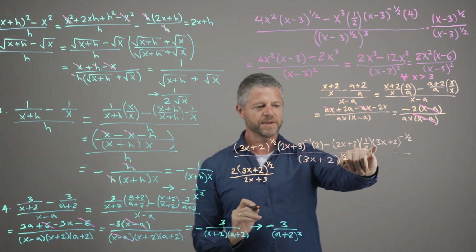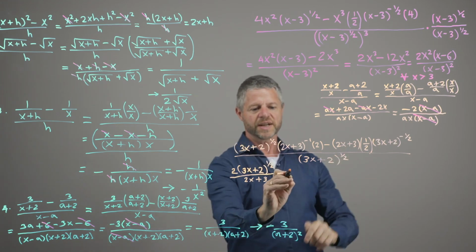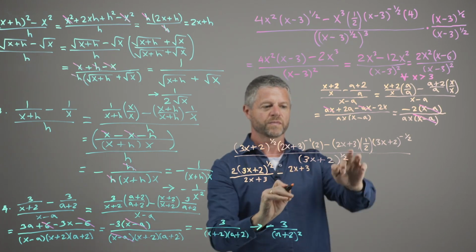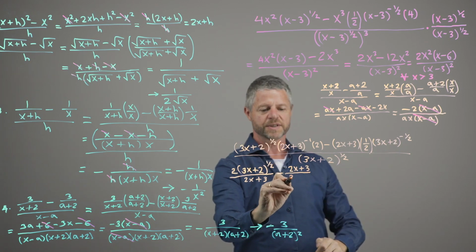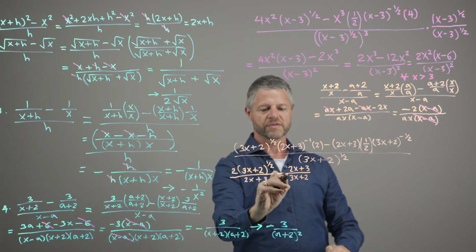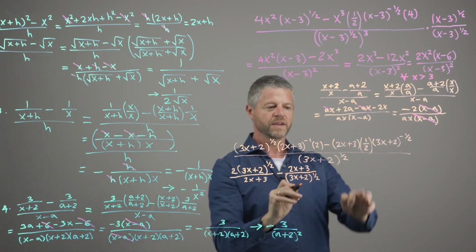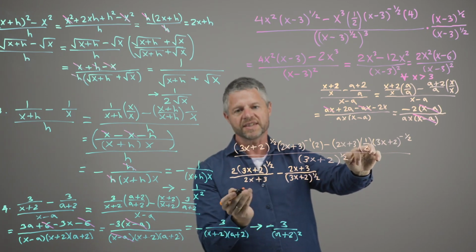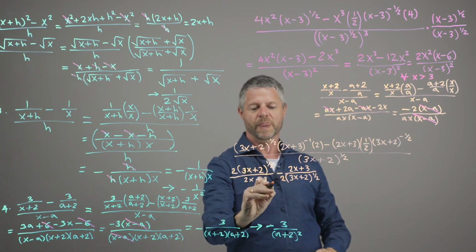And then this piece, there's 2x plus 3 divided by 3x plus 2 to the 1/2. And then this 1/2, we can think of this as having a 2 in the denominator piece. So we'll put the 2 there.